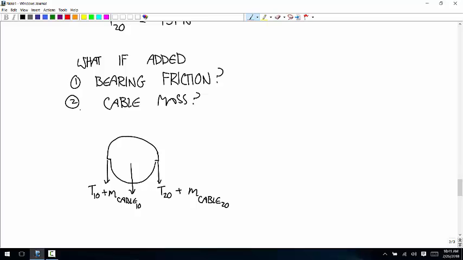So this would be M plus the mass of the cable over the top times G. Then you'd still have this force, call that R. And then the process would be exactly the same. So there's nothing fundamentally different about this. You just have to add a few more things in.